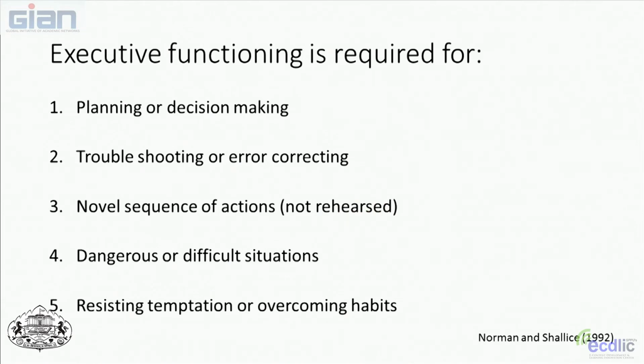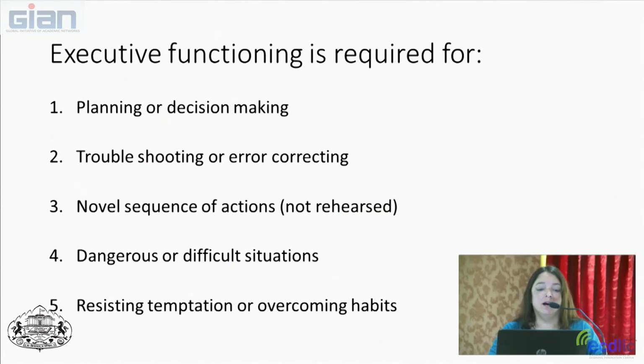So again, executive functioning is required for planning, decision-making, troubleshooting or error correcting, novel sequences of actions, things that we have not rehearsed and that are not set in an automated process, dangerous or difficult situations, resisting temptation or overcoming habits.